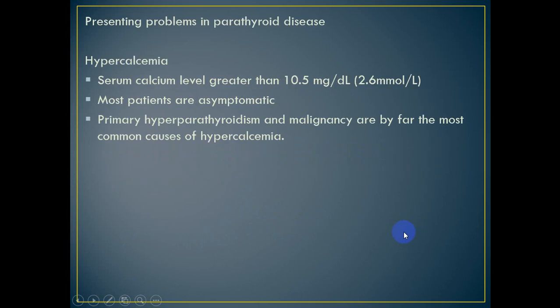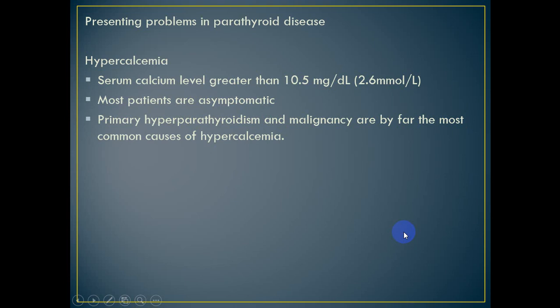Now, the presenting problem in parathyroid gland disorder. First thing we need to address is parathyroid hormone excess, or increased secretion of parathyroid hormone. We said previously increased serum parathyroid level will lead to hypercalcemia and hypophosphatemia.